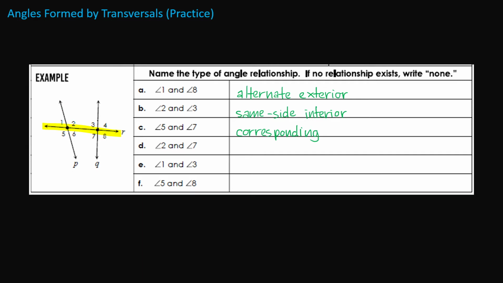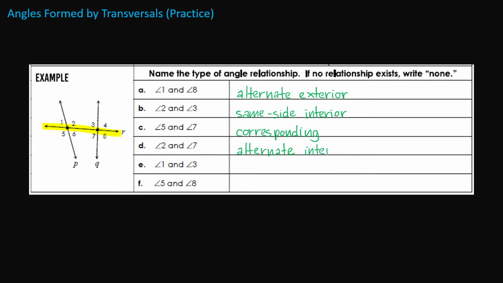Angles 2 and 7, I see that they're inside the intersected lines, so they're interior, and I notice they're on opposite sides of line R, our transversal line. Since they're opposite sides, that would be alternate. And they are inside the intersected lines, so we're going to say interior.